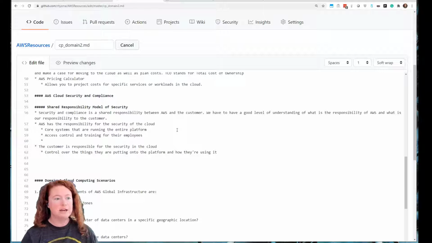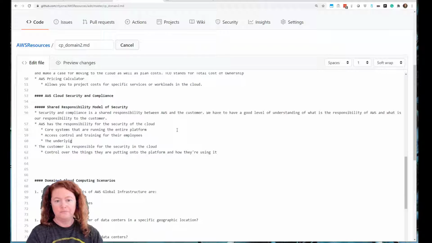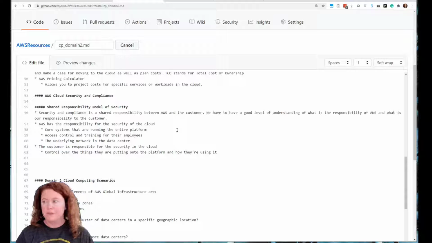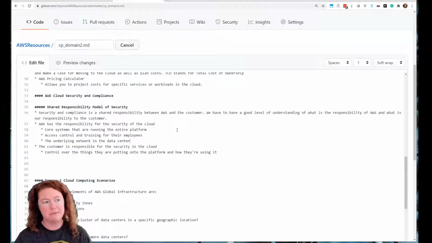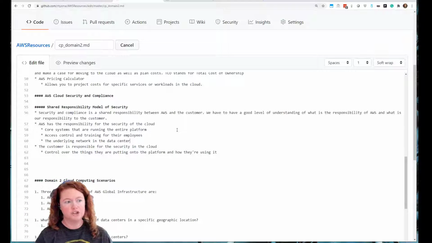Part of that is that AWS is responsible for these global data centers and that underlying network, so that the data center is going to be able to continue to operate as it should.